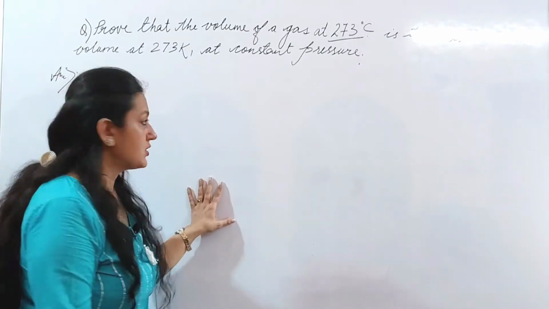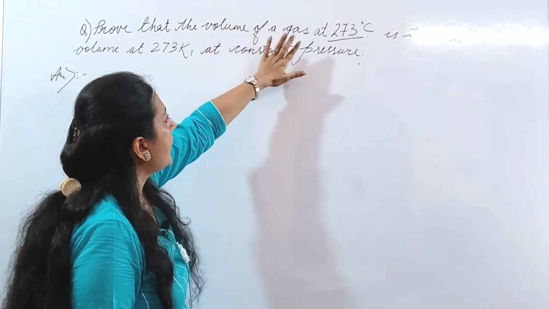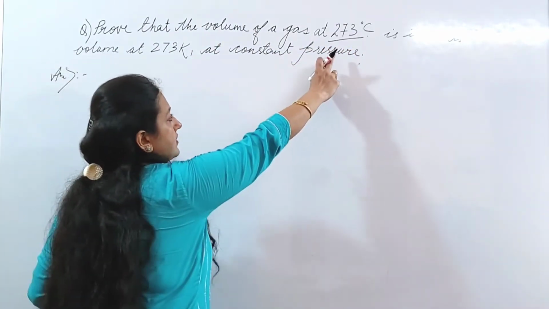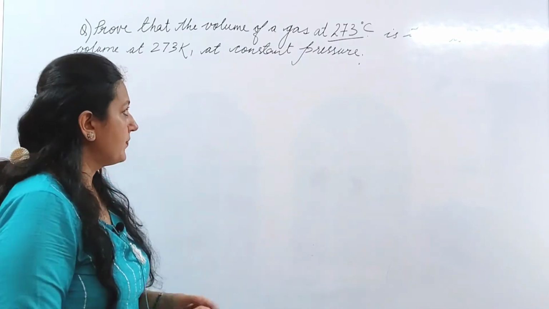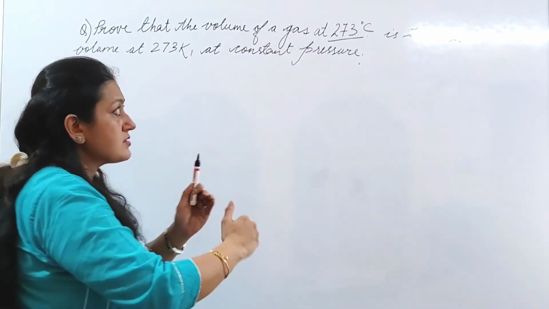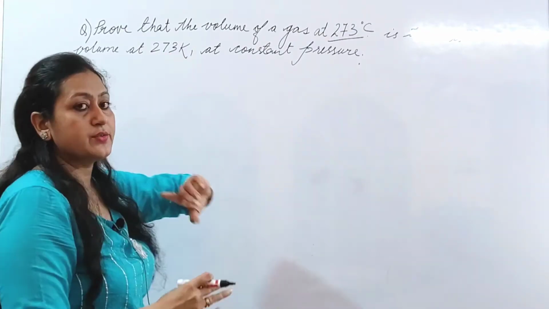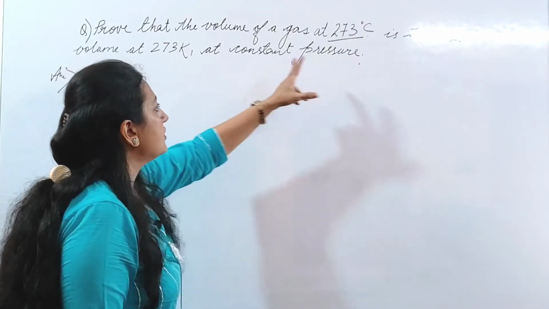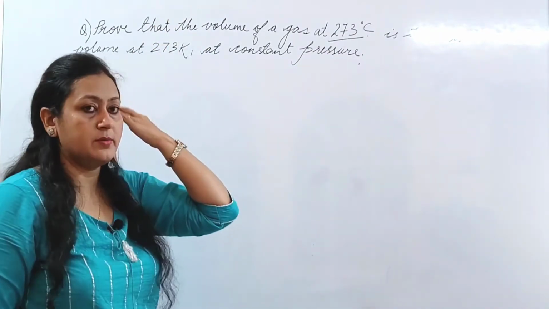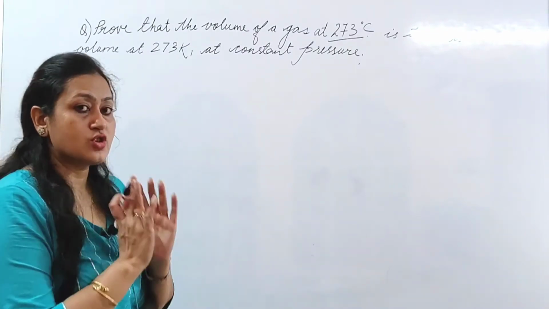Now the next question is, prove that the volume of a gas at 273 degrees centigrade, 273 degrees centigrade means it's the temperature. The volume at this particular temperature is twice its volume at 273 Kelvin at constant pressure. When the pressure is constant and the relationship is given between volume and temperature, that means that this is Charles's law.